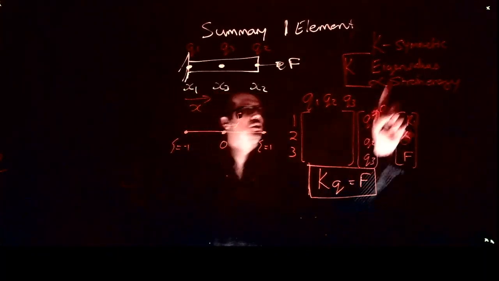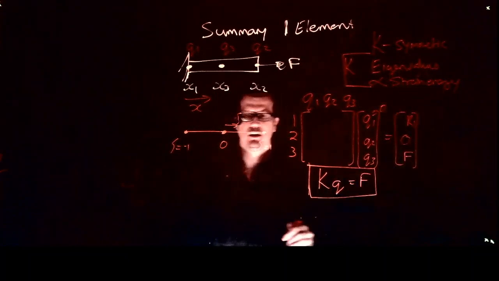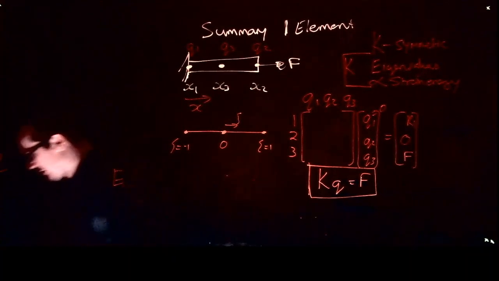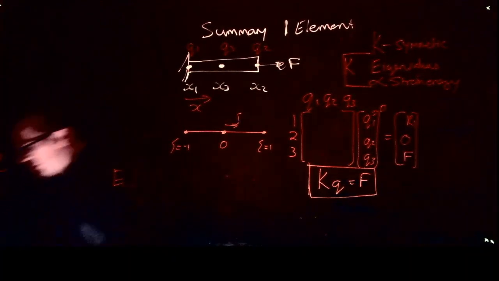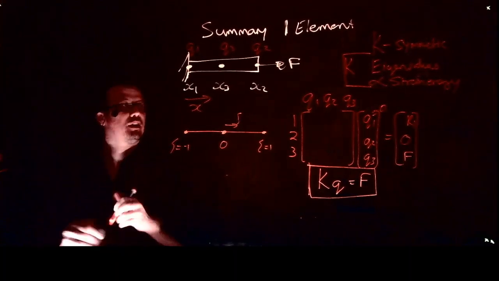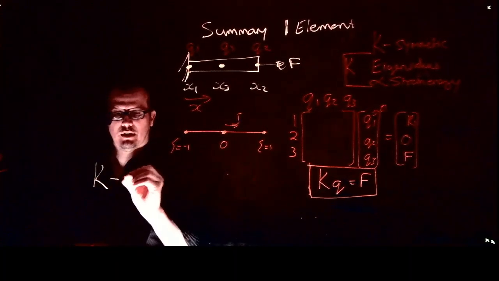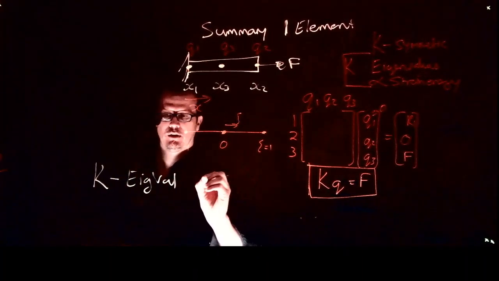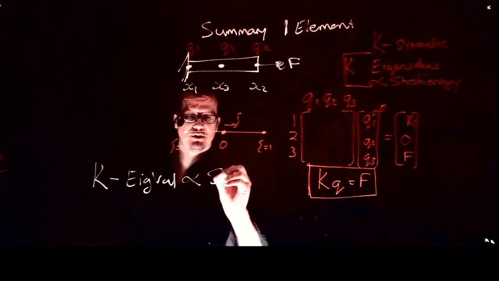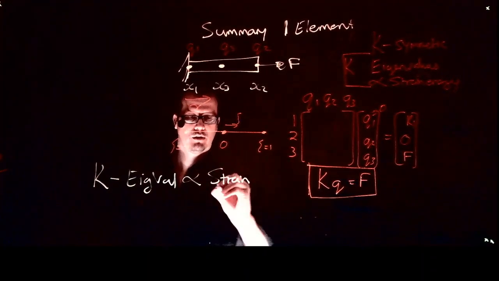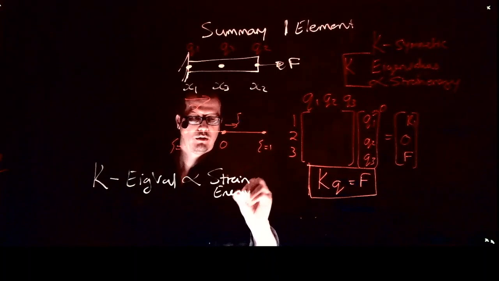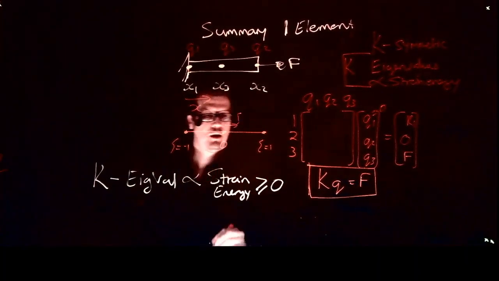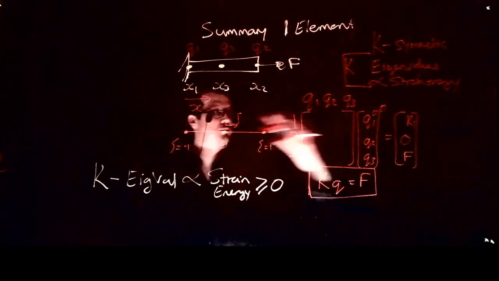The implication is, if eigenvalues are strain energy, what is my expectation? The eigenvalues will always be what? So if the eigenvalue is proportional to the strain energy, then essentially I expect this always to be bigger than or equal to 0, because we saw the strain energy is 0 for rigid body modes.